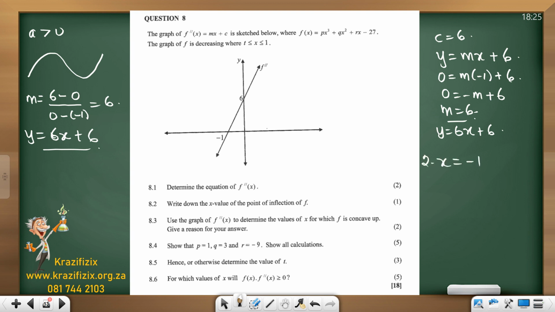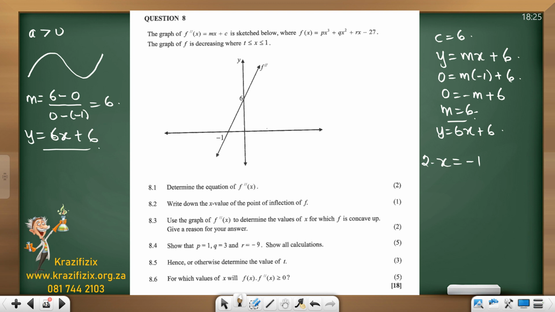x equals -1. Use the graph of f double prime of x to determine the values of x for which f is concave up. I think the problem with this question is the way we read these things. I don't think you guys understand what f double prime means. You just know that f double prime is a notation.